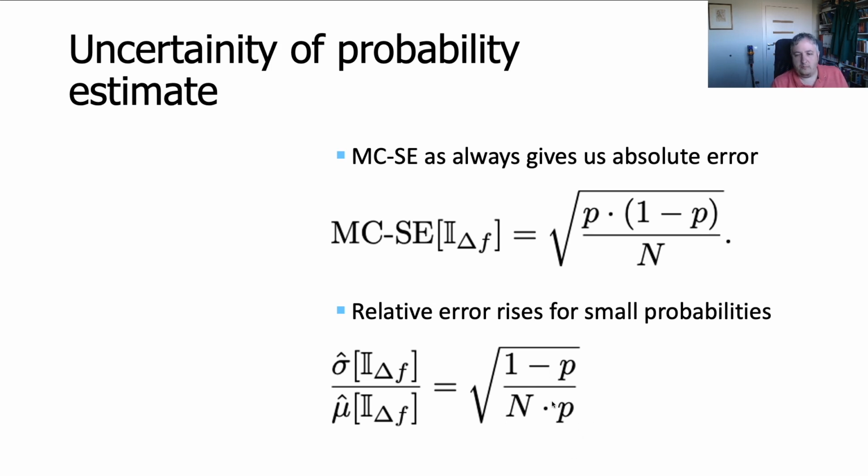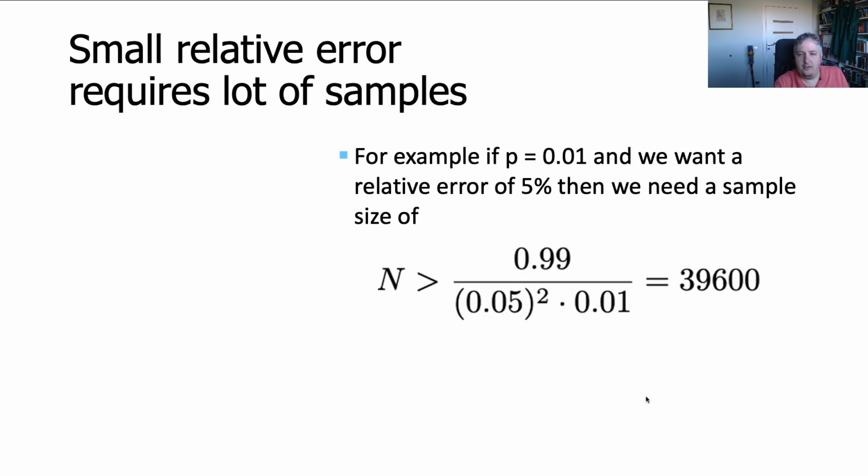So as long as p is small, then to get a small relative error, we need to get n large. For example, if we have an event of 1% probability and we want a relative error of 5% of that, so 5 times 10 to the minus 4 of probability, then we need a significant sample size.